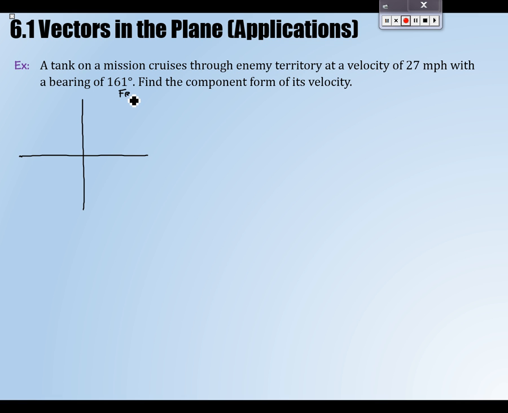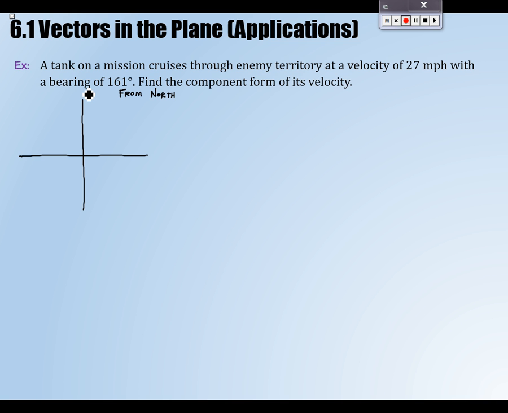So by bearing of 161 degrees, we mean measured from north. Okay? And furthermore, to make things even more complicated, it's measured clockwise from north. So this is how, if you're ever doing navigation, I guess that's how they do it, right?